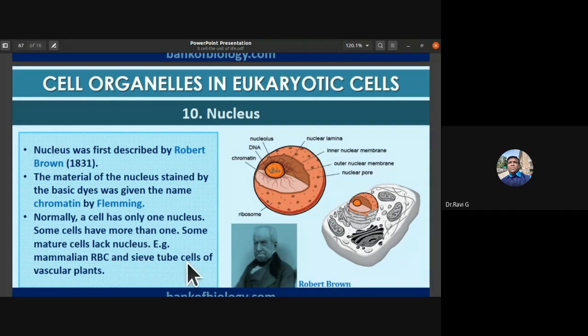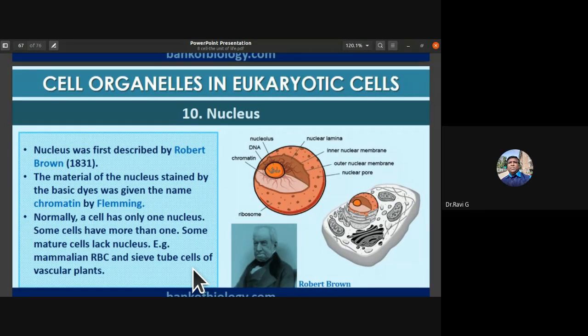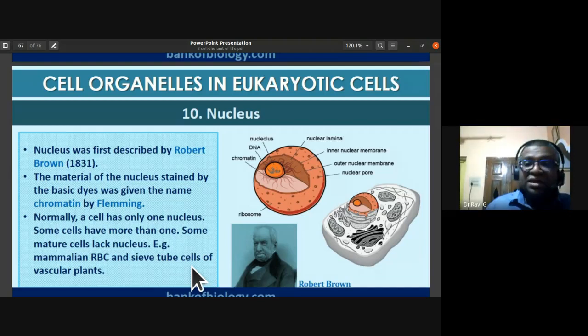The sieve tube cell of vascular plants is the only living plant cell without a nucleus. The phloem component is the sieve tube. Remember that mammalian RBCs lack a nucleus, except in the camel, the ship of the desert, whose RBC has a nucleus.